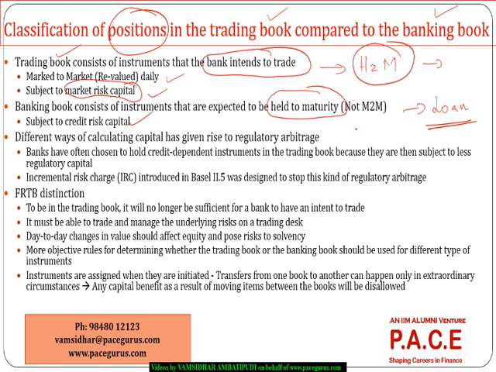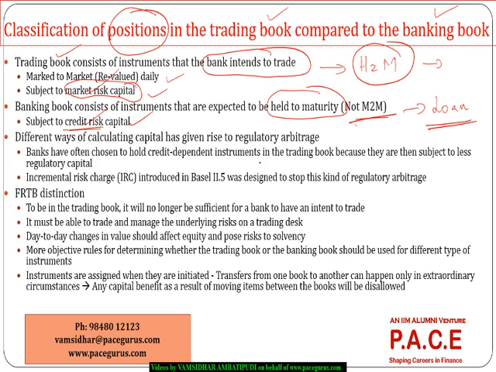Whereas in the case of the banking book, it's not marked to market, and the credit risk comes into the picture, not the market risk. So the capital computation is based on the assessment of credit risk and not market risk. That is where the difference exists between the trading book and the banking book: in the trading book the capital is calculated based on market risk, whereas in the banking book it is calculated based on credit risk.